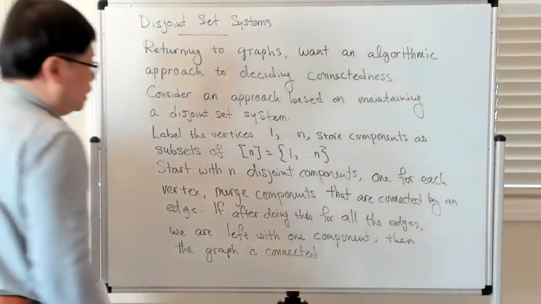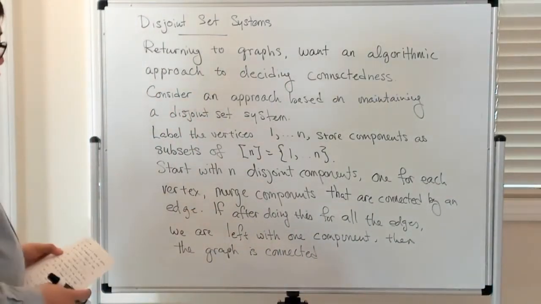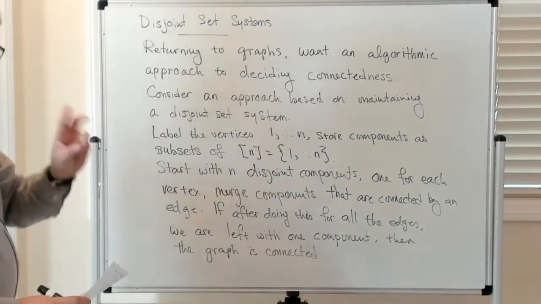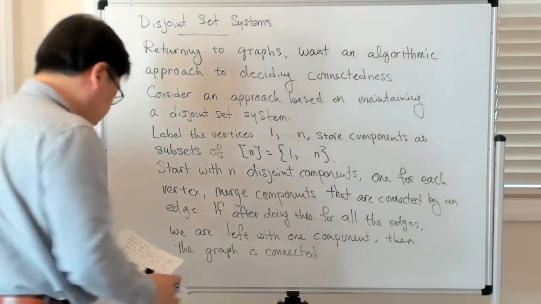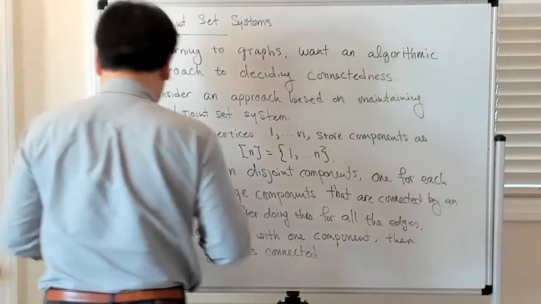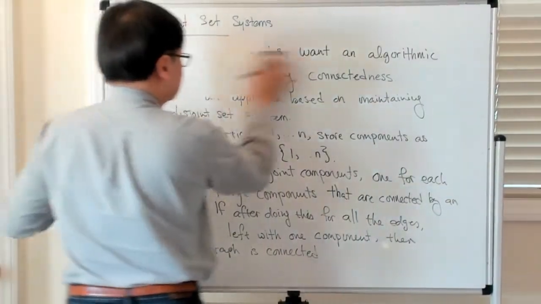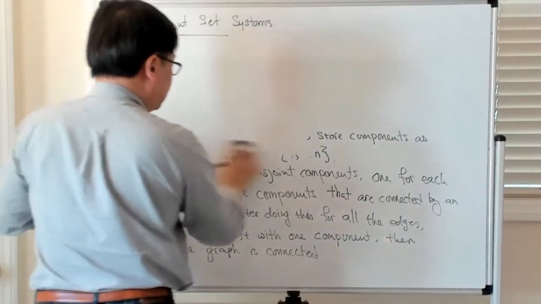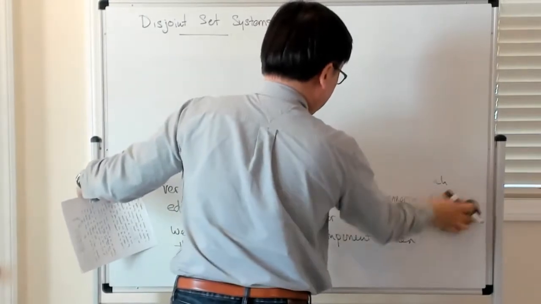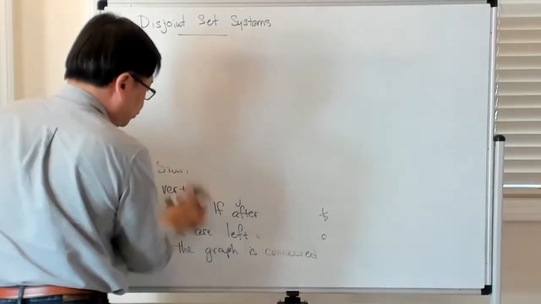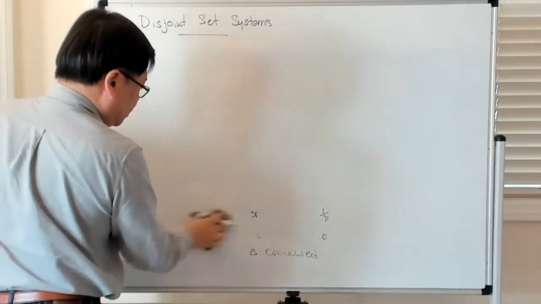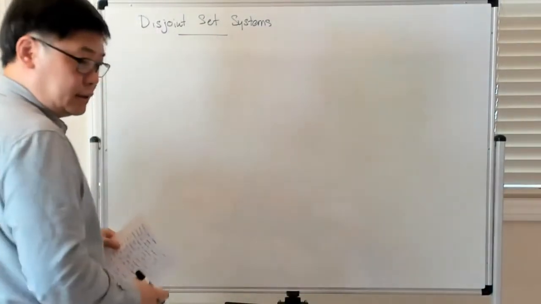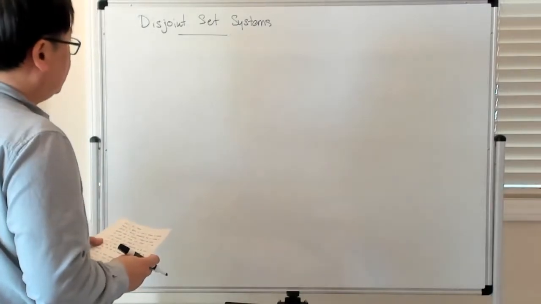All right, so that's sort of the high-level picture of what's going to happen, and we're going to build this algorithm on two basic operations. So let's discuss that. Okay, and then once we talk about those basic operations, I will also describe the data structure one would use to represent that set of disjoint components.